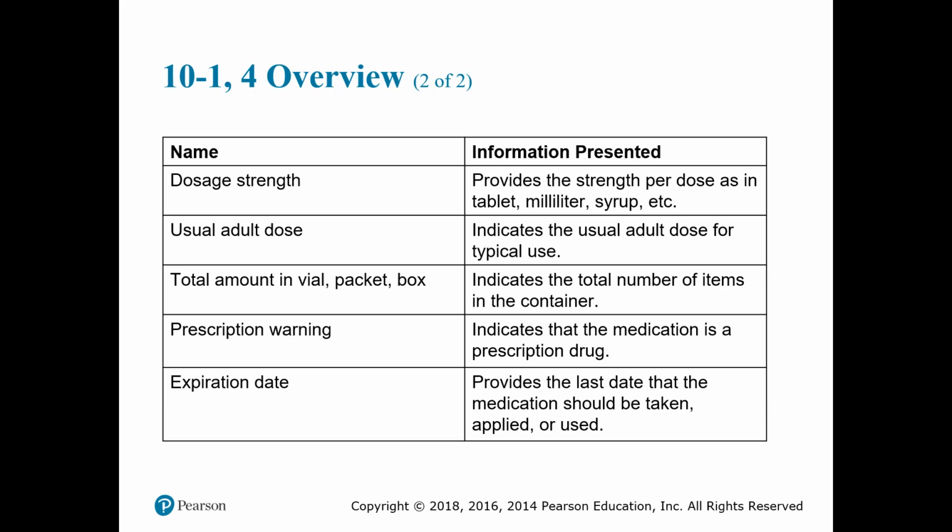The total amount in the vial, packet, or box. So how many tablets are in there, right? A prescription warning. So if it is a prescription, then it's going to indicate that on the box as well. And then an expiration date, which provides the last date that the medication should be either taken, applied, or used.